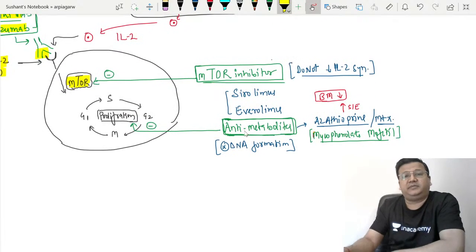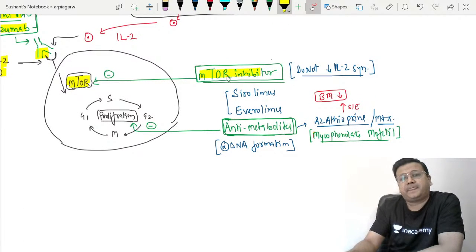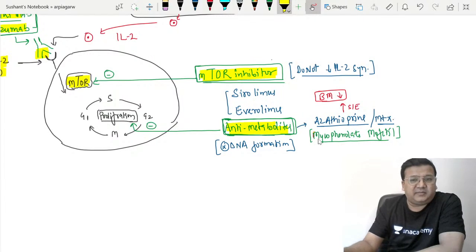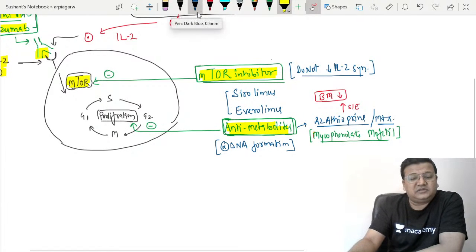So mTOR inhibitors come into picture, which include drugs like sirolimus, everolimus. And if you cannot even do that, then block the proliferation of the cell by giving anti-metabolites like azathioprine or mycophenolate mofetil. So these are the main categories of drugs that are used in immunosuppression.